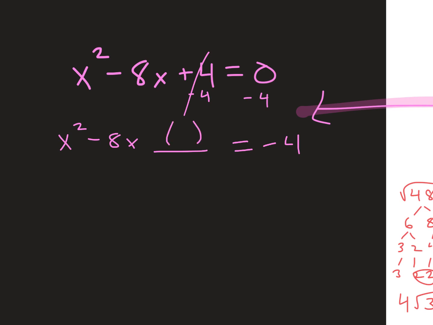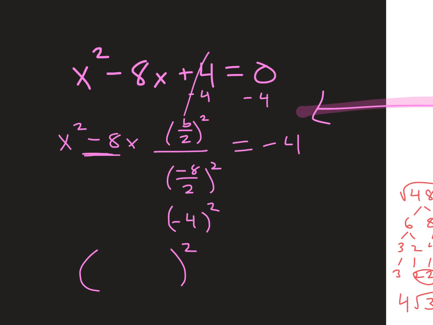So in here, I have my b over 2 squared. B is this middle term. So this would be negative 8 over 2 squared. Negative 8 over 2 is negative 4. So in my binomial squared here, I put whatever this is and whatever this is.